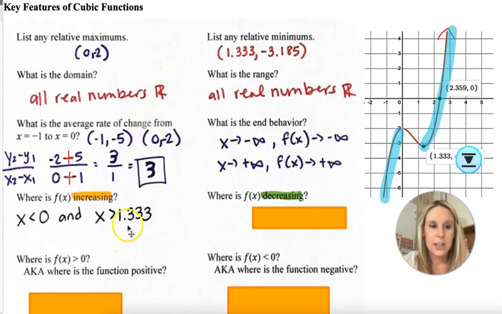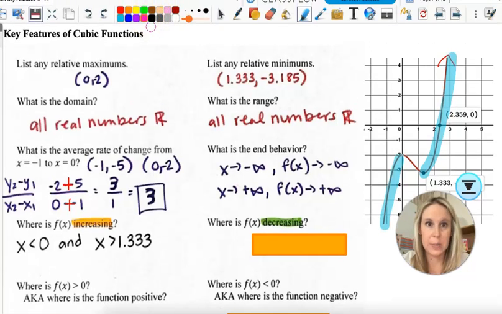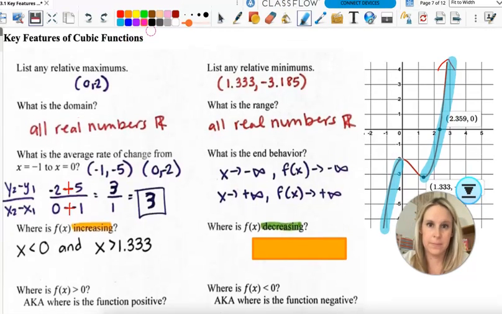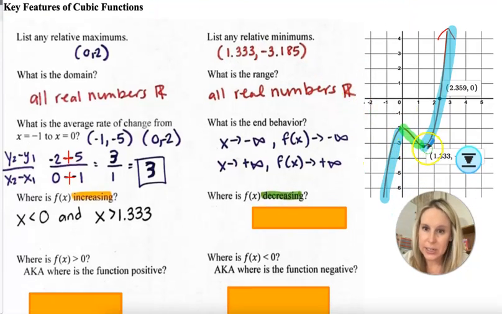All right. So if it is increasing on those 2 intervals, that means it's decreasing between those 2 numbers. So let's change it to green. It is decreasing between this interval right here.